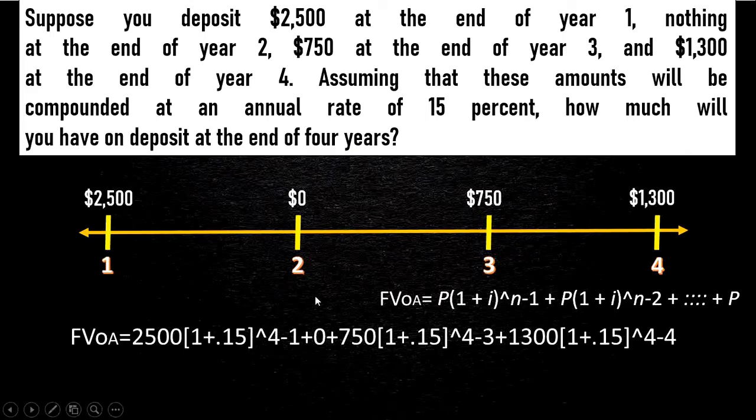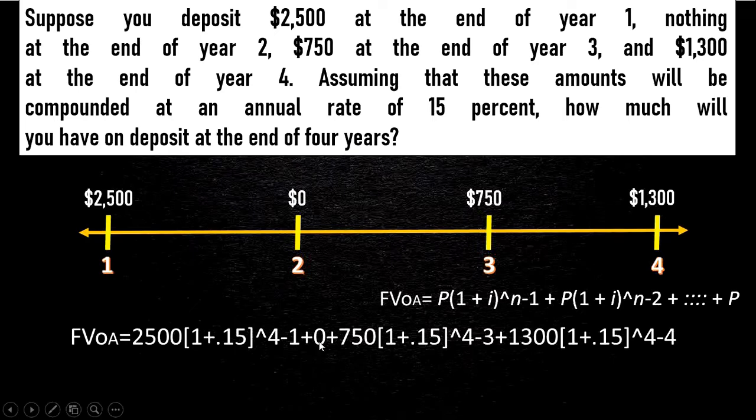Plus 0, so nothing deposited in the second year. Then in the third year it is 750 into 1 plus I, which is 15%, to the power n minus 3. Now don't get confused, because in the first year it is n minus 1.